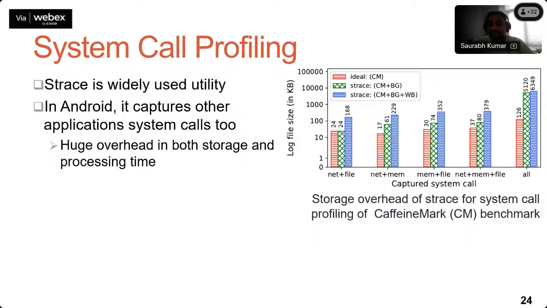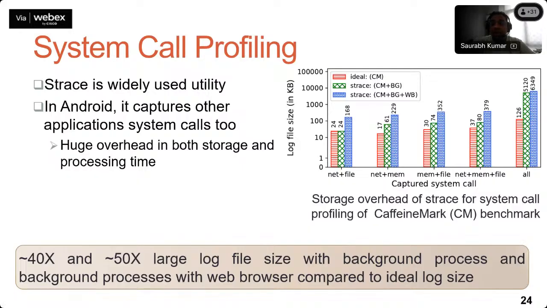Second, we run the CaffeineMark benchmark with some background applications, and then with strace, and we observe the log files they generate. So this is the overhead. If you observe it, there is a 40x and 50x larger log file size with background processes and background processes with the browser, compared to the idle log file size, which is a very huge overhead.